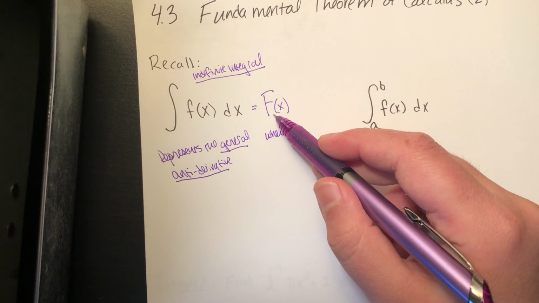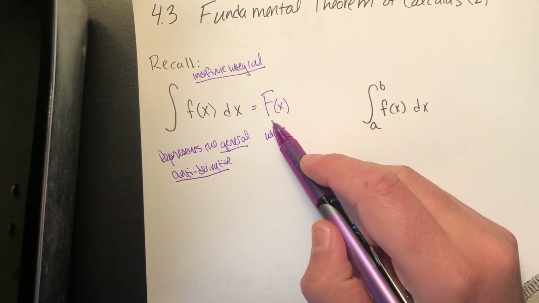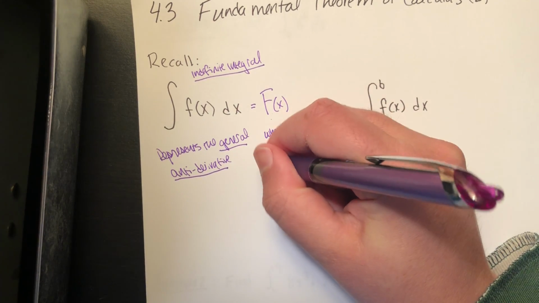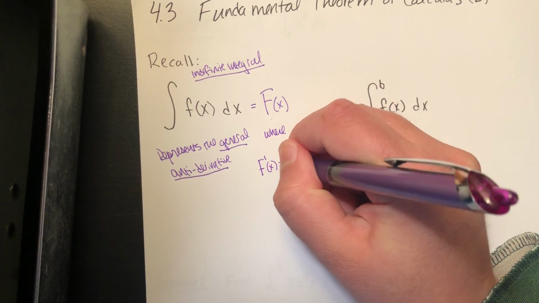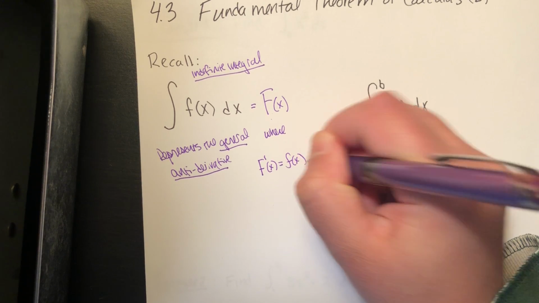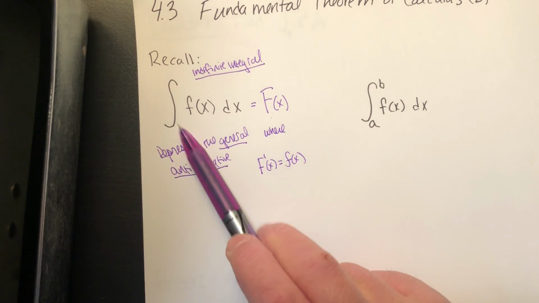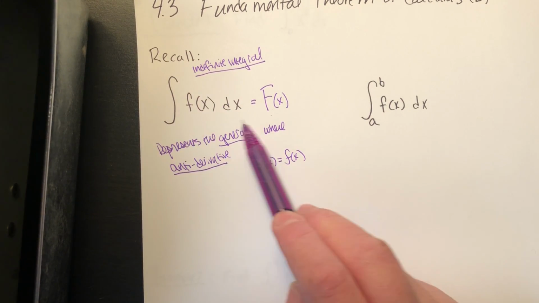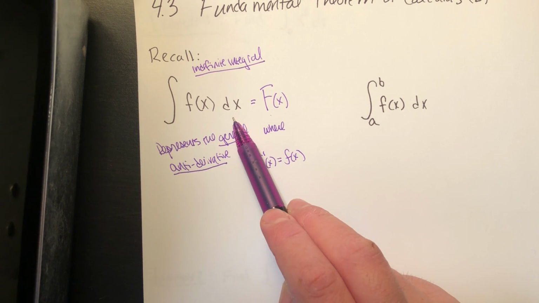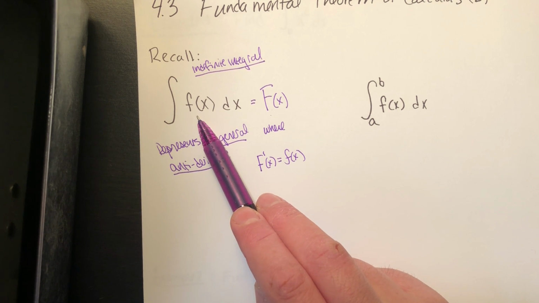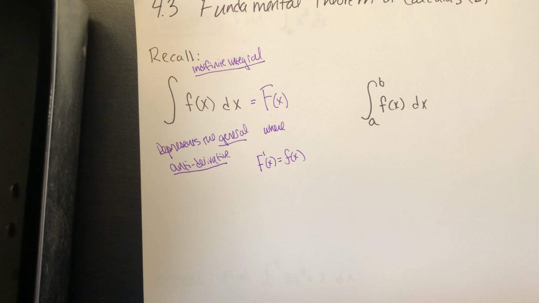So big F of x has this property that if you take the derivative of big F, you get back that little f. So big F of x prime should be equal to little f of x, right? So this, without having numbers on the top and the bottom, just represents a function which is an antiderivative of little f of x, plus C at the end, which makes it a general antiderivative, right? Because any addition of a constant at the end is still going to make it an antiderivative.